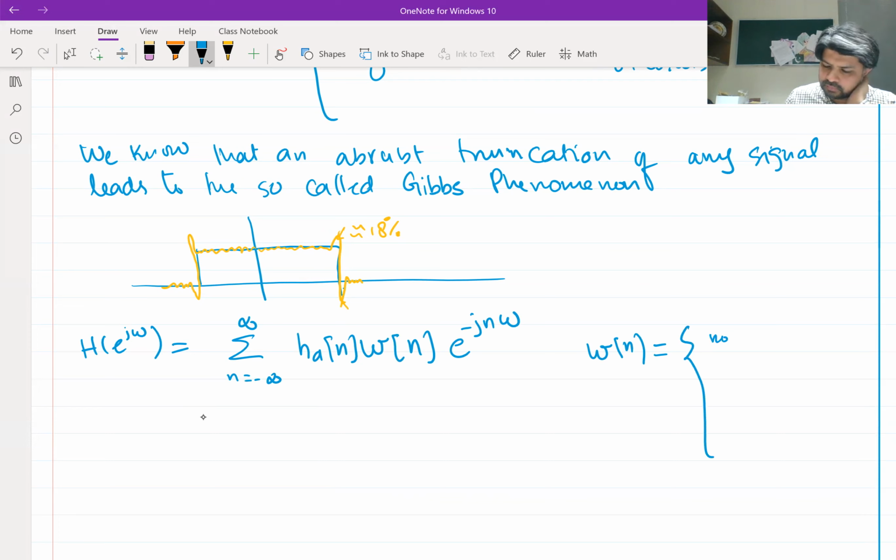It can be non-zero, it can be zero as well, for particular points between 0 and M, and it must be 0 otherwise, meaning for n greater than M.